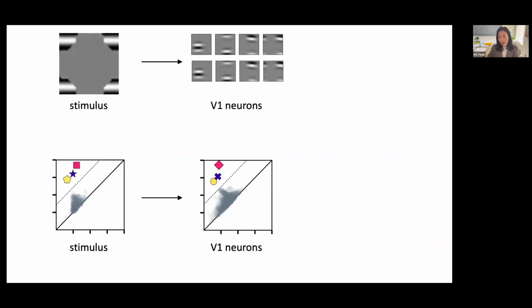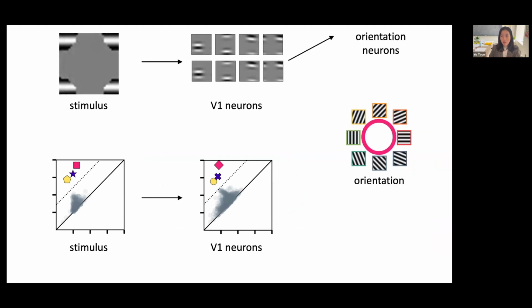Okay, we then took the simulation study a little bit further, and we simulated some downstream neurons. So we simulated a collection of neurons that are sensitive just to the orientations, and these were designed so that they did not have access to the original stimulus video.